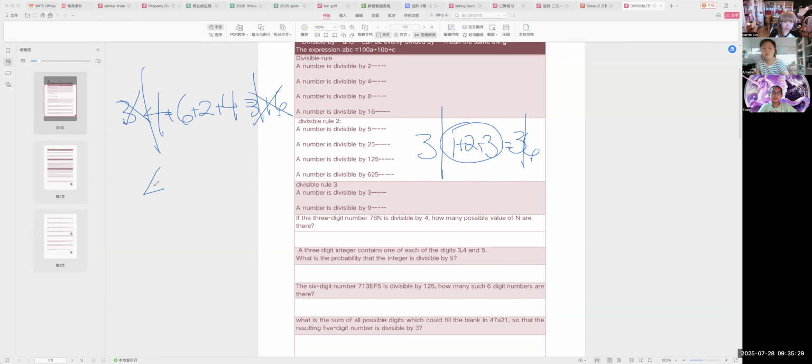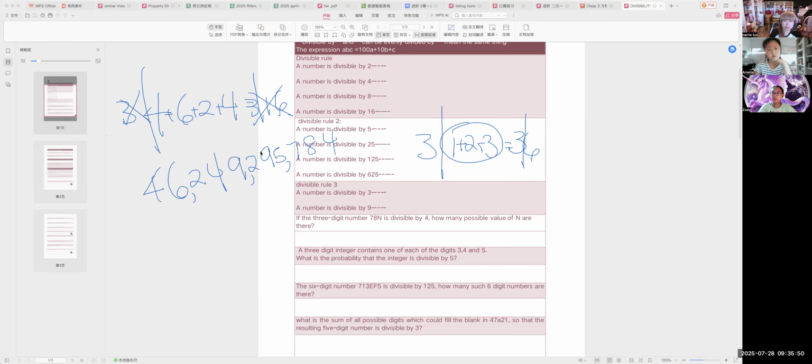So I'm going to give you a trick. 4624 is not a lot of digits, but if we have something like that, a really big number, it is even a lot of work adding them together. So how are we going to do it? Let me show you another trick.